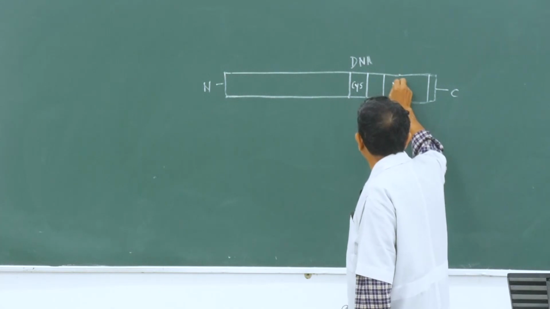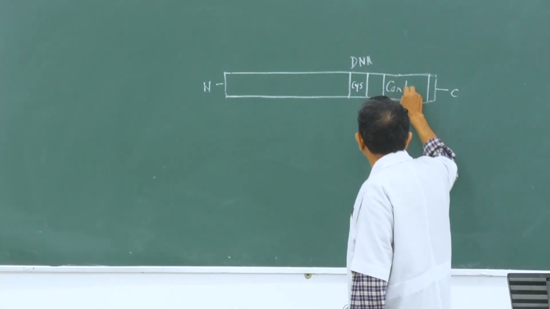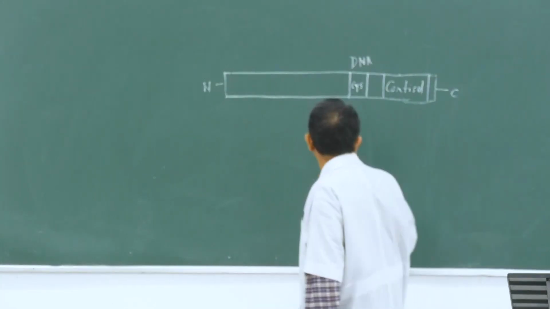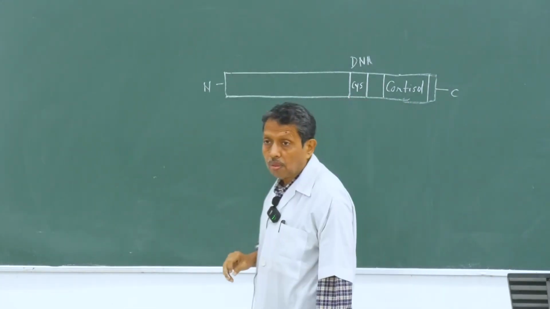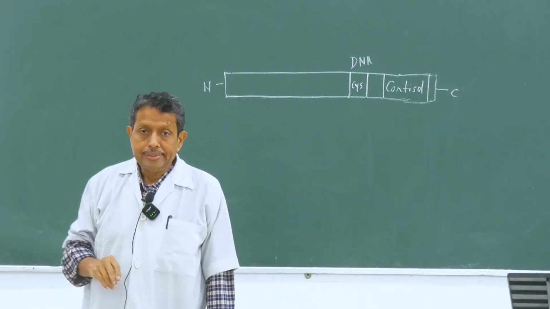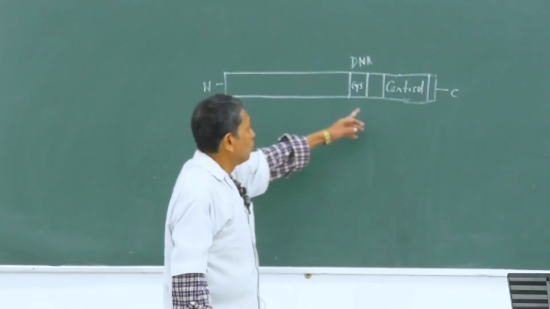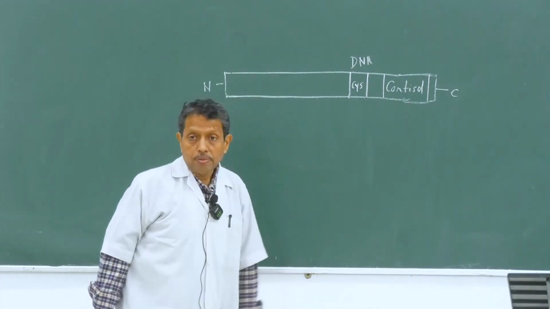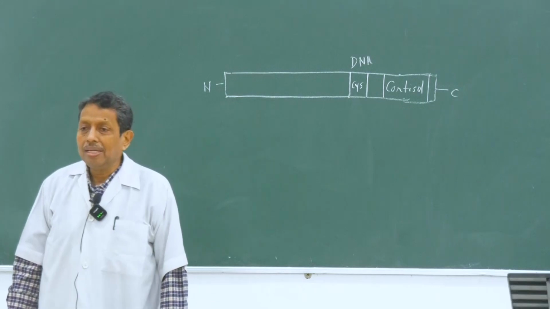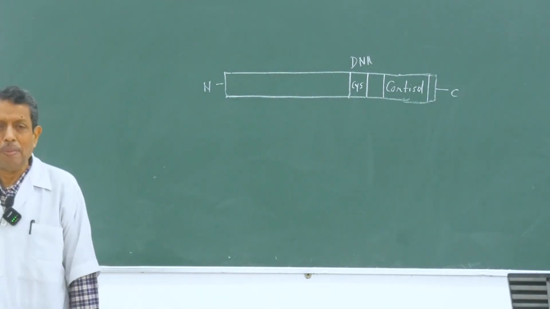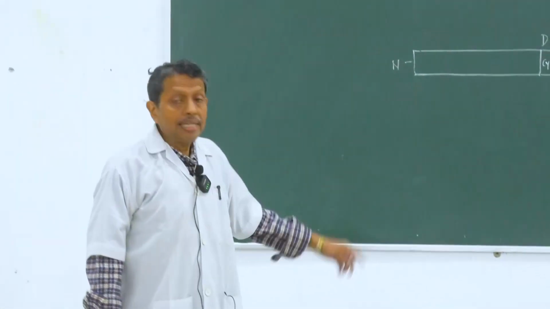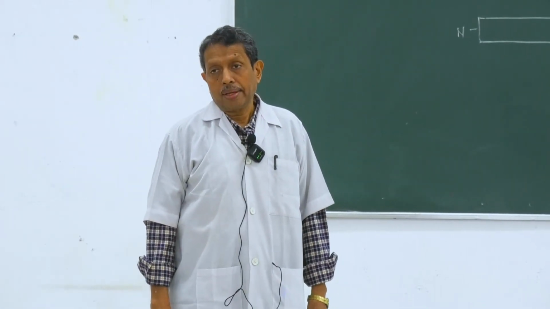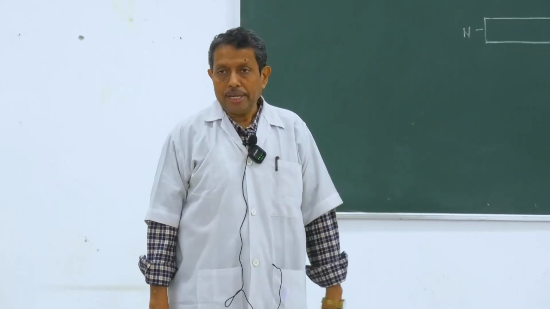And this is the ligand. Suppose in case of cortisol, it binds with these hormones, and these regions are conserved. This is a receptor of a steroid hormone, one example of the family, and it has this type of motif, N terminal and C terminal.